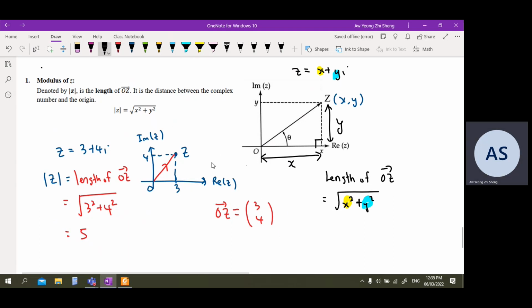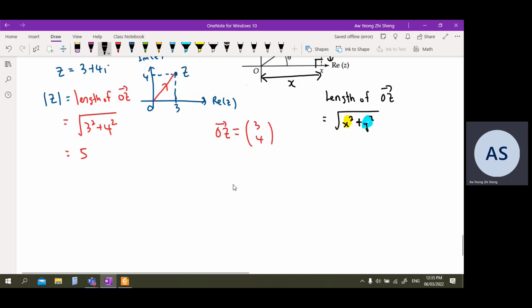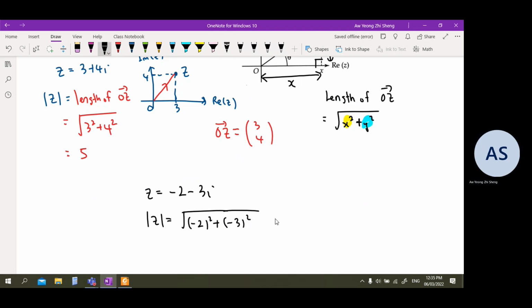Another quick example, and another good news about this formula is that it still works even if your x and y happen to be negative. For example, if z is minus 2 minus 3i, then the modulus of z is just the square root of (minus 2) squared plus (minus 3) squared. It still gives you the length of the vector representation, which in this case would be square root of 13.